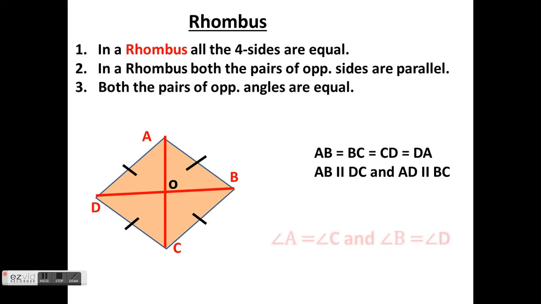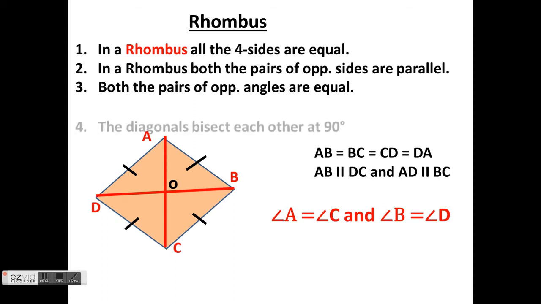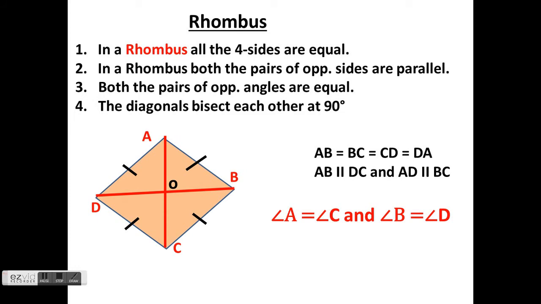Both the pairs of opposite angles are equal. That is, angle A equals angle C and angle B equals angle D. Now about diagonals. The diagonals bisect each other at 90 degrees. When the diagonals bisect each other, all the four angles will be 90 and AO equals OC and DO equals OB.